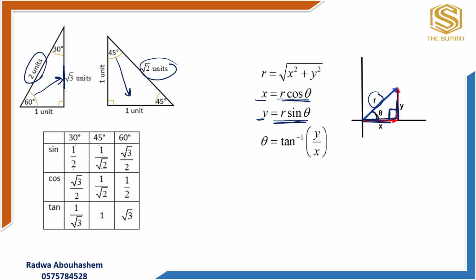This is a right-angle triangle, so to get r, I take the square root of x squared plus y squared. For theta, you could use the inverse of tan. What is the meaning of the inverse of tan? Which angle has this tan? Of course, because we know the basic and reference angles, we're not going to use calculators, so we need to memorize this.